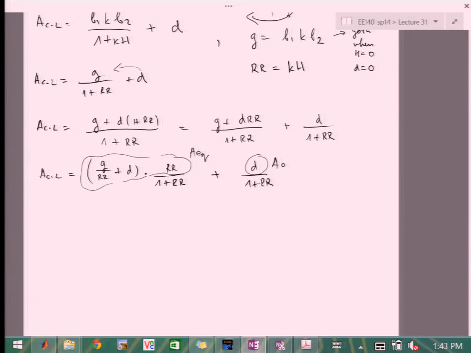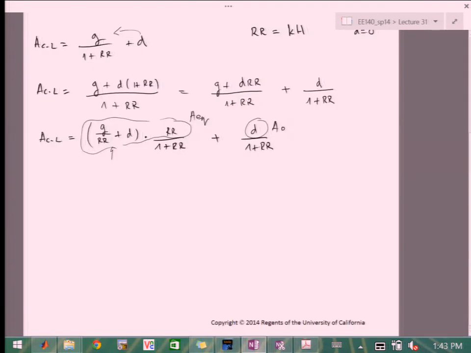However, this form that I just wrote separates explicitly the return ratio and this piece here in the bracket. So instead, we're going to call just this piece over here A infinity, and then leave RR here.